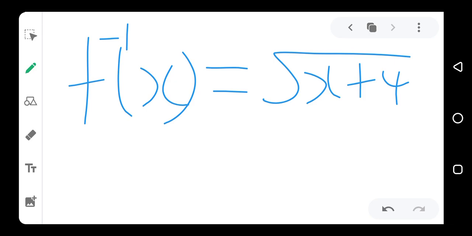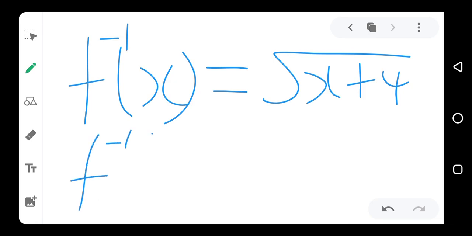Now we have this. We are asked to use this function to find the inverse of 5, that is, the value when x is equal to 5.